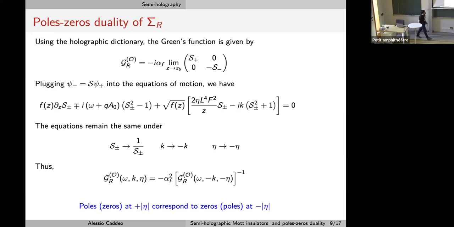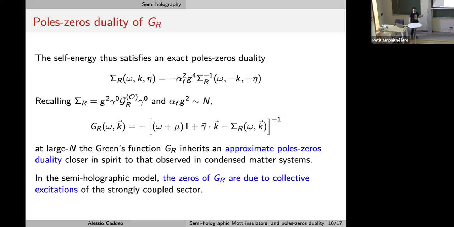Okay, so we have this pole-zero duality for the composite Green function, which I recall in our semi-holographic setup is the self-energy.